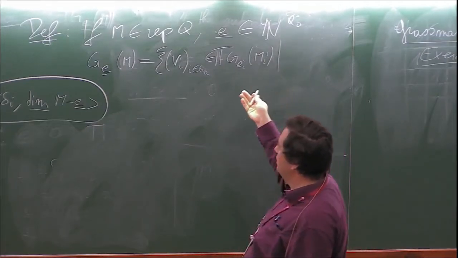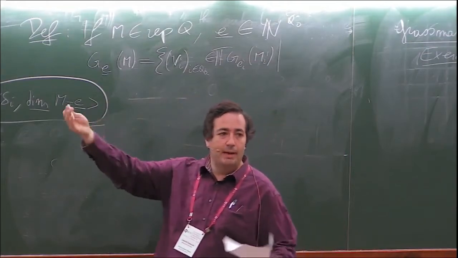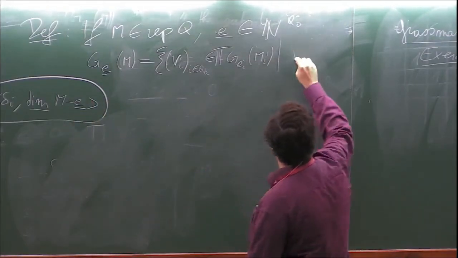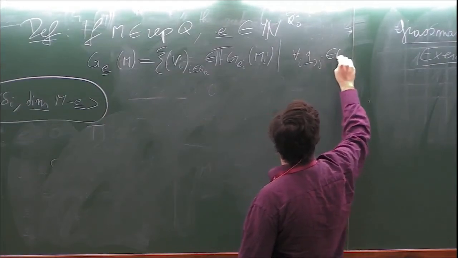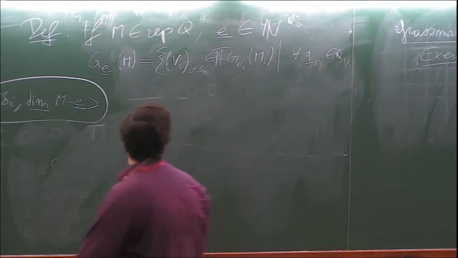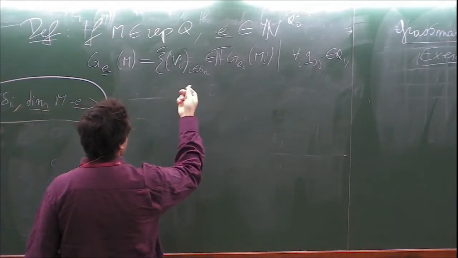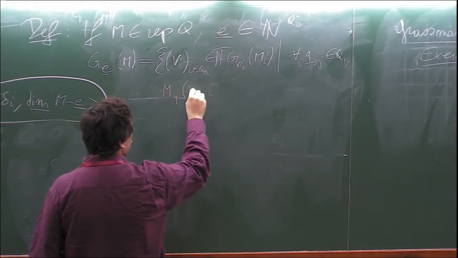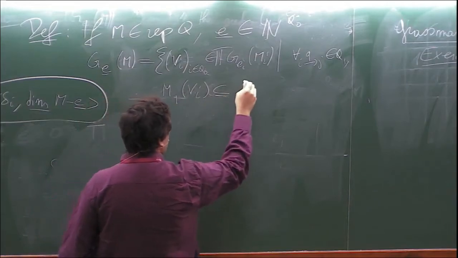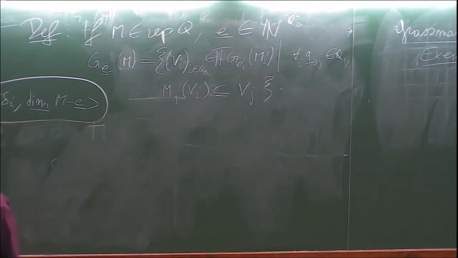So what is the condition? It is that each V_i is mapped to V_j each time you have an arrow. So for all q of the form i→j in Q_1, in the set of arrows, you need that what I denoted by M_q of V_i should be included in V_j.